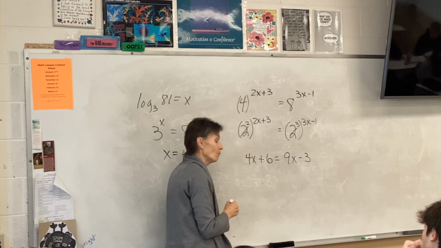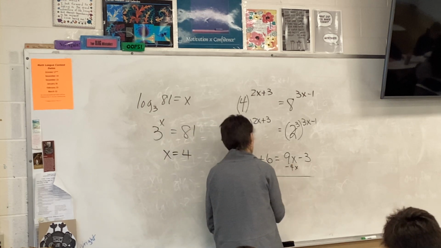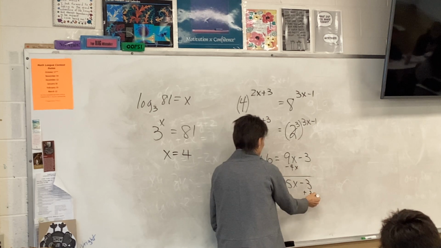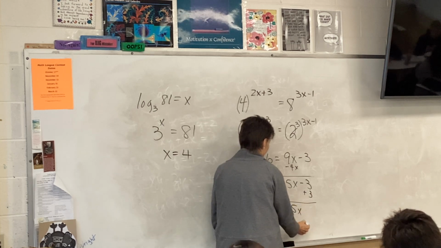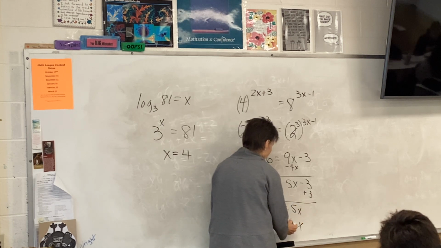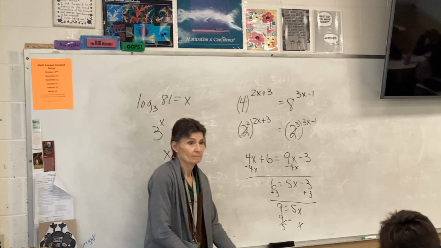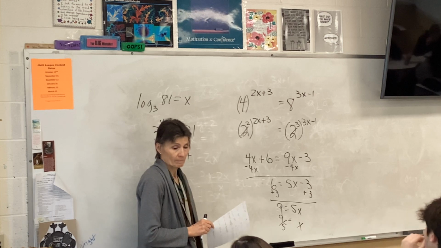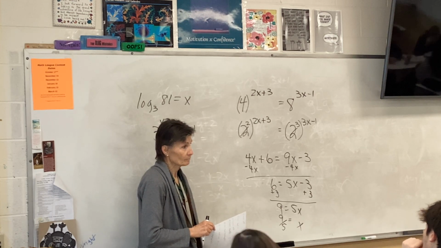And now I'll just solve my equation like I've done for years and years and years. And I got 9/5, which is perfectly fine. You can get fractional answers. We okay?